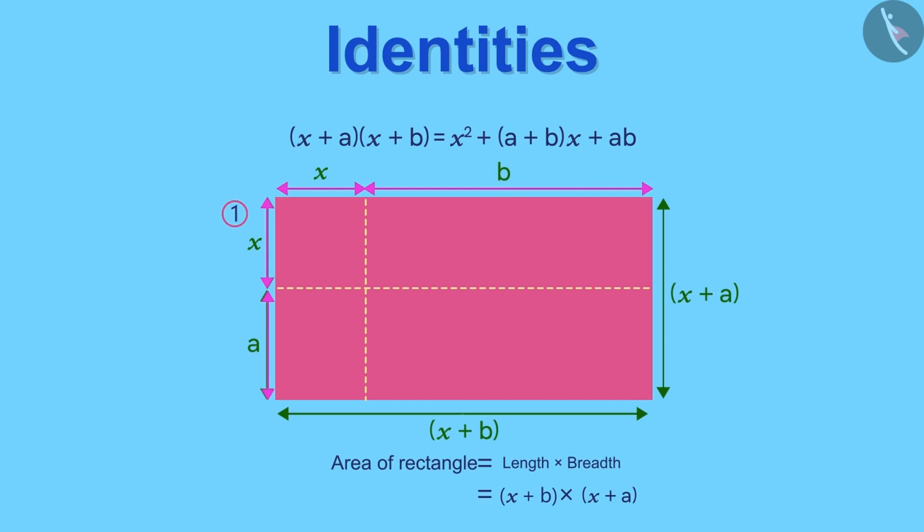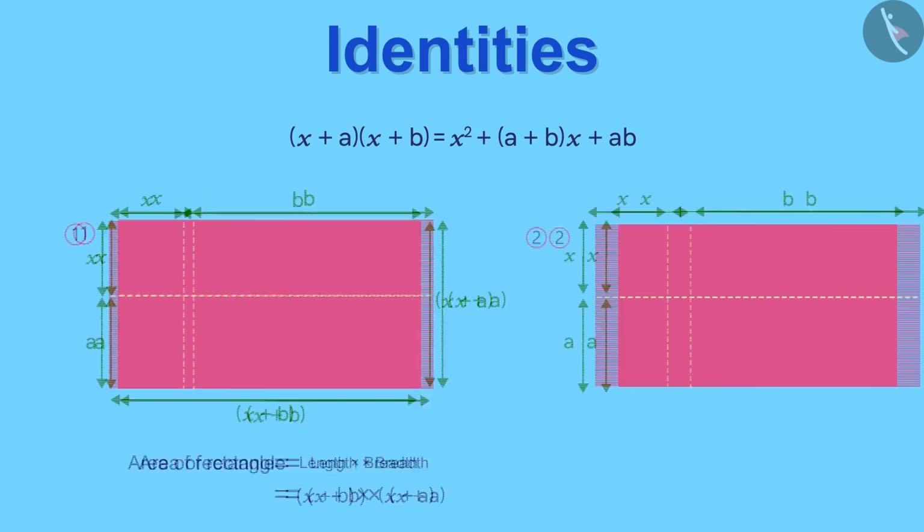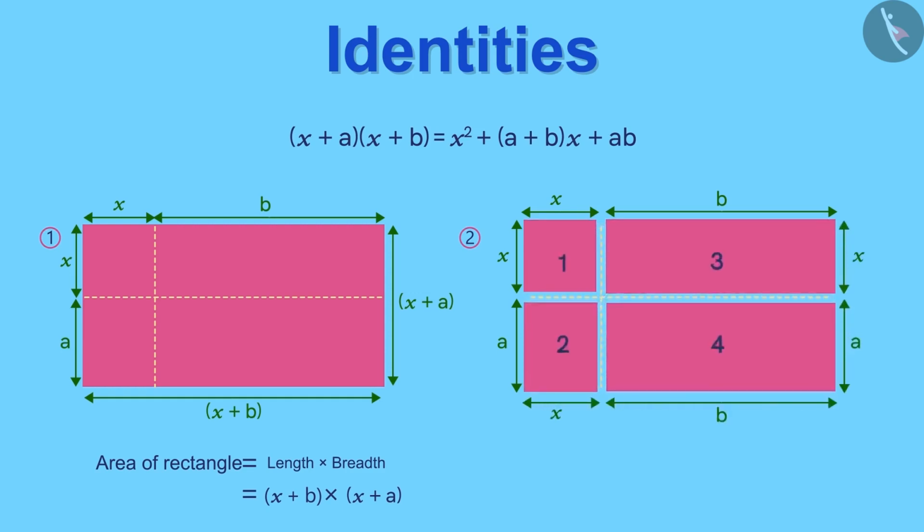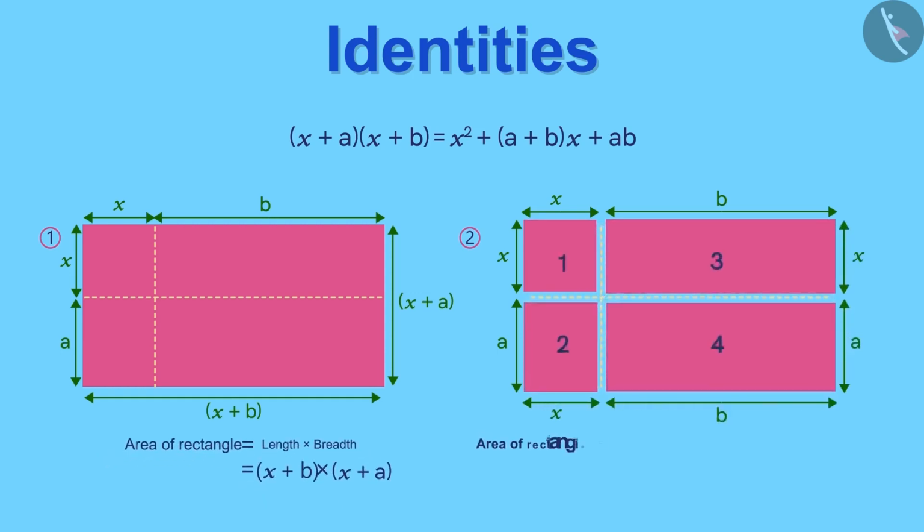Now, let us see the second way to find the area of this rectangle. As you can see, this rectangle is made up of 4 parts. So the area of this rectangle is equal to the sum of the areas of these 4 parts. Area of the first part is equal to x times x, which is equal to x square.